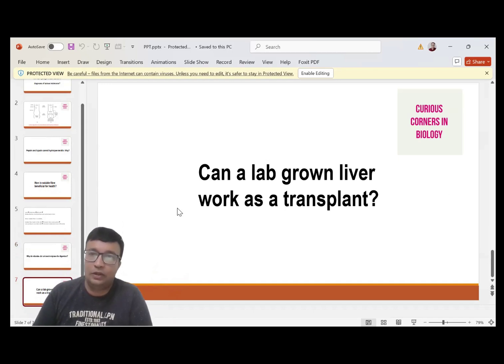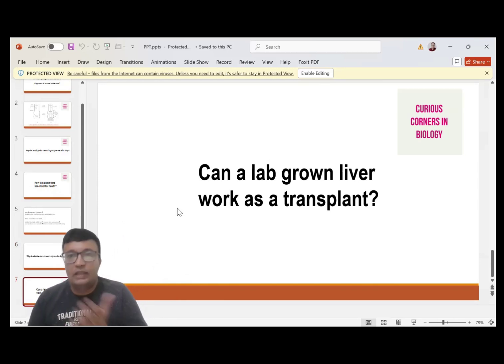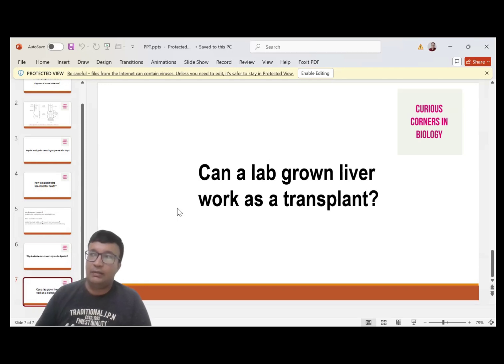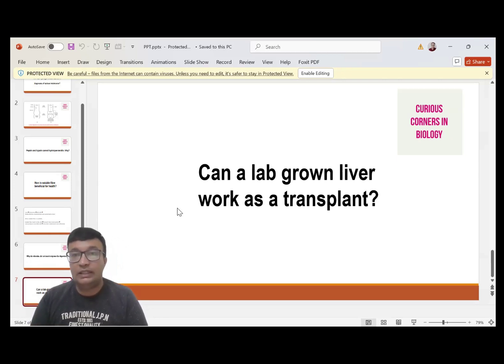So a simple solution which comes to our mind is that liver can be used as a transplant organ. Okay, it can be transplanted to the recipient, and the recipient can get a new liver. But then the first question is, can a full blown liver be synthesized in laboratory? The answer is no.